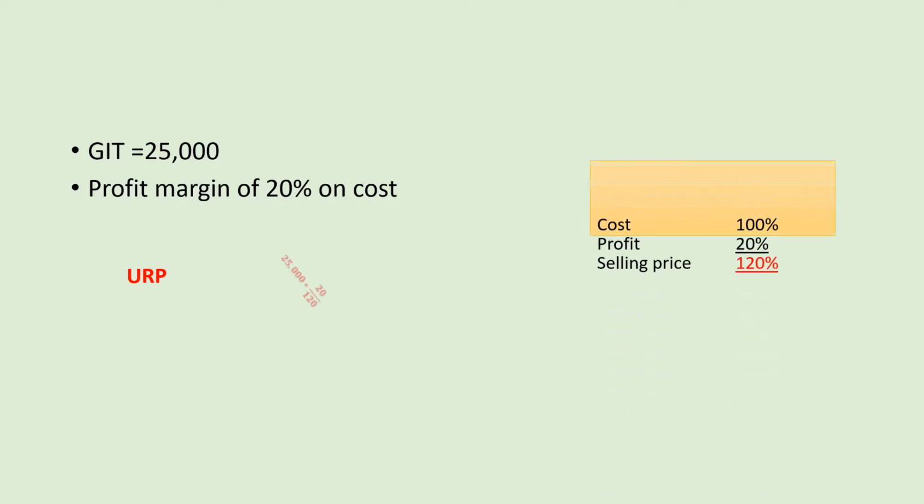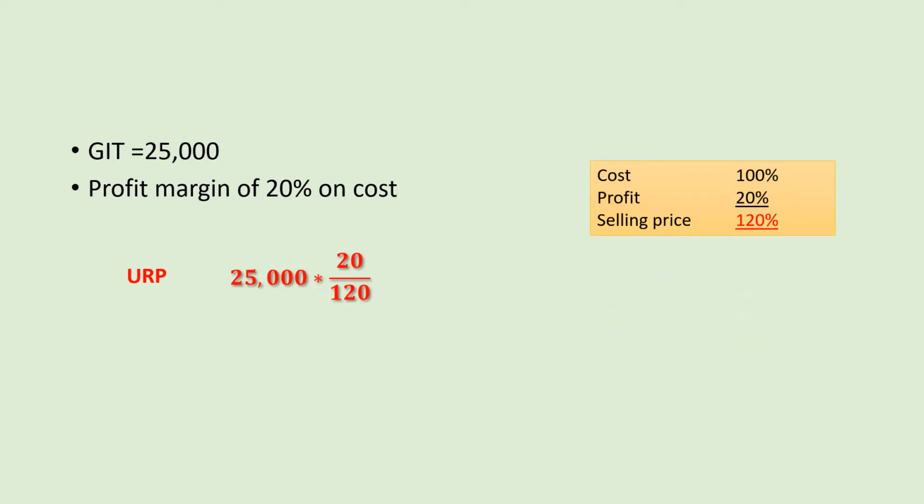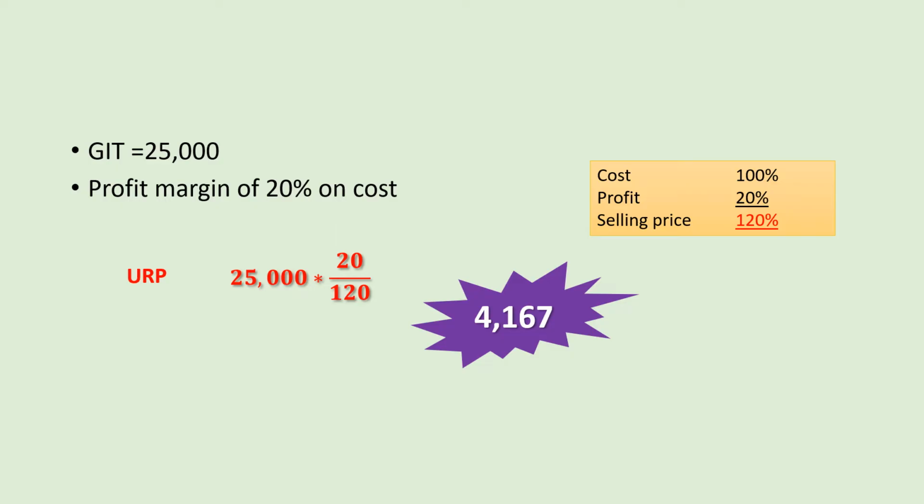Unrealized profit for 25,000 is 20 divided by 120. So we can get rupees 4,166.666. To ease our work, I have rounded it up to 4,167. So in a question like this, if you want, you can round it up, and if you want, you can keep the decimals as they are.